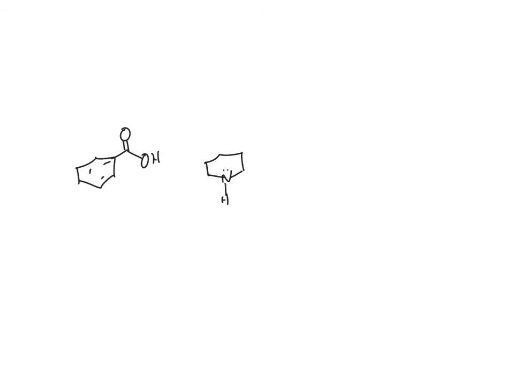If you wanted to make an amide, like some people wanted to, you'd have to convert the carboxylic acid into an acid chloride. And you would do that with what reagent? Thionyl chloride, SOCl2. Okay, so this is just acid base.